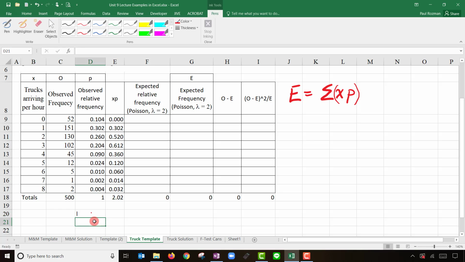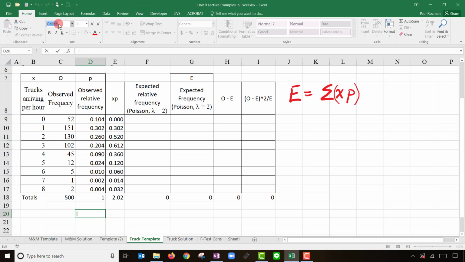So I'm going to say L. I'm going to change the font so that I get a lambda symbol. So I have lambda, and then I'm just going to round that. Round cell E18 to 1 decimal place. And now it's 2.0.